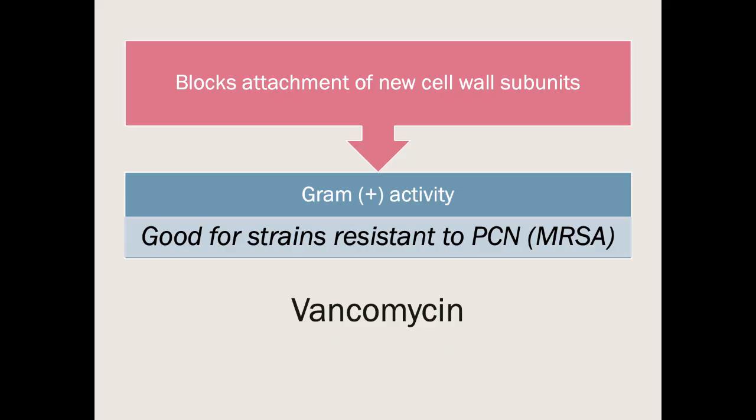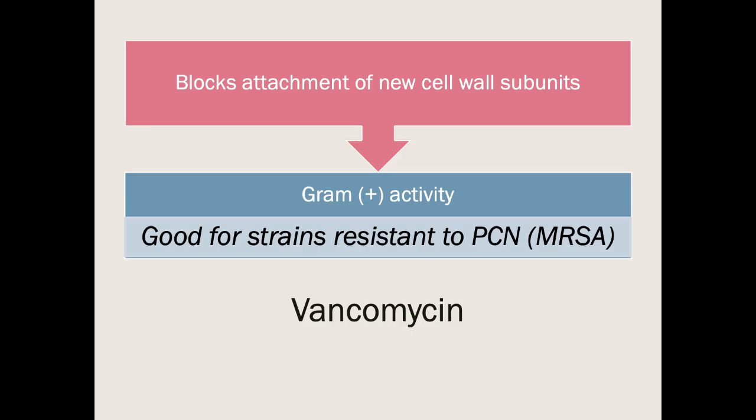Now moving on from our beta-lactam cell wall synthesis inhibitors, let's talk really briefly about vancomycin. Vancomycin is another common antibiotic out there. It's still affecting the cell wall, so it's blocking new subunits of cell wall so that the cell wall can't regenerate itself as old cell wall subunits die off.